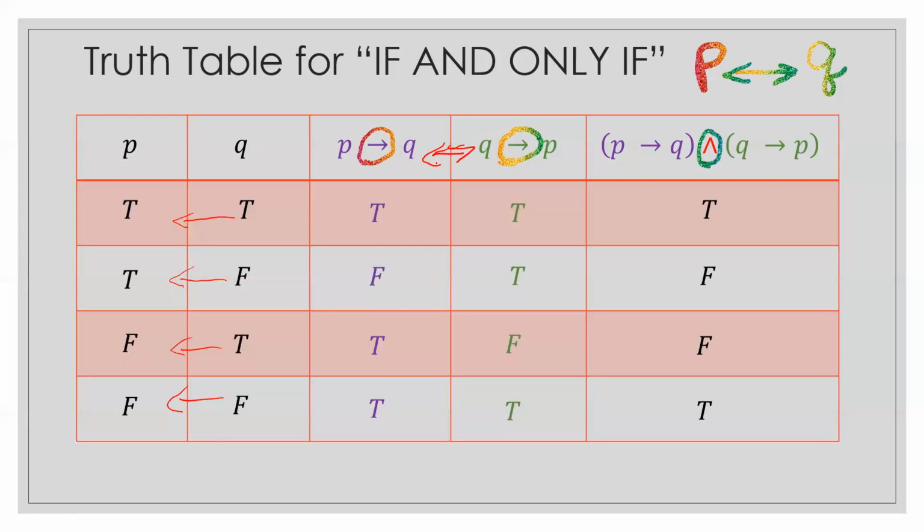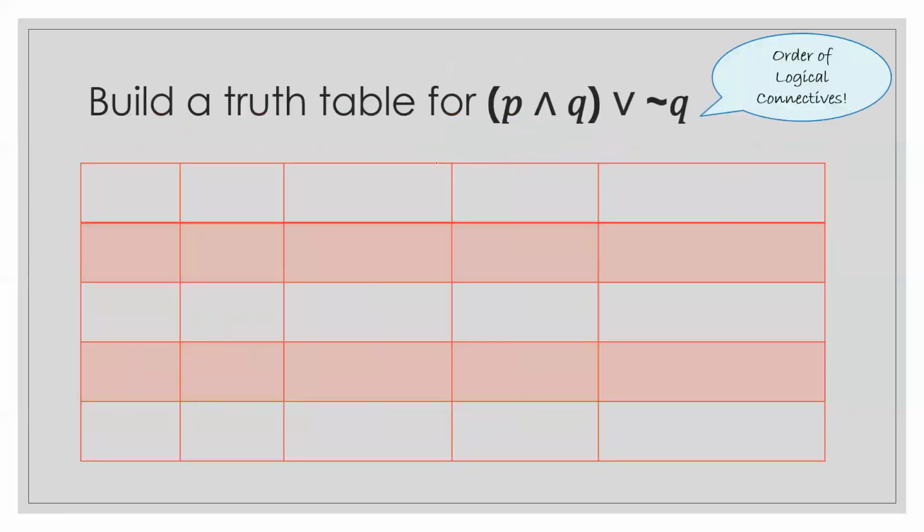Now this is something that you don't necessarily have to remember. You just need to know the if-then truth table, and then you just figure out this one, making sure you think about both directions, okay? All right, so that gives you all the truth tables to be used for many other compound statements.